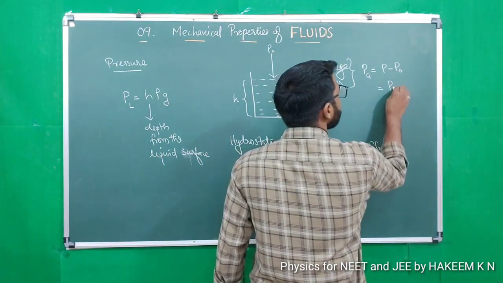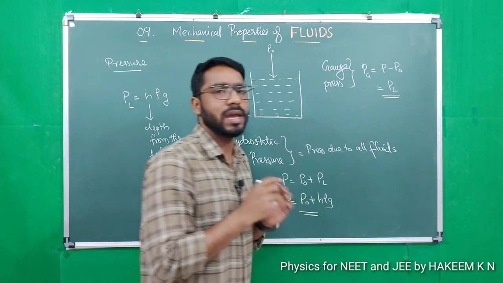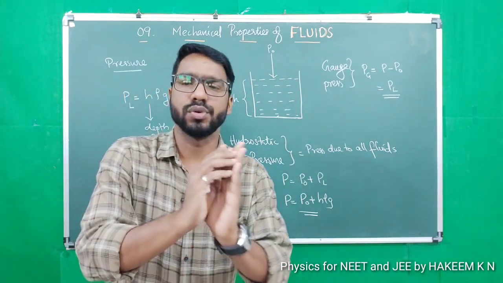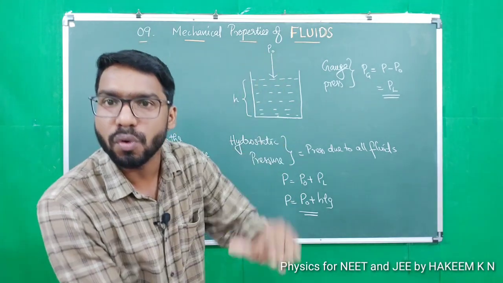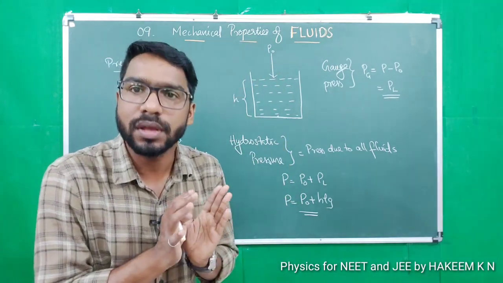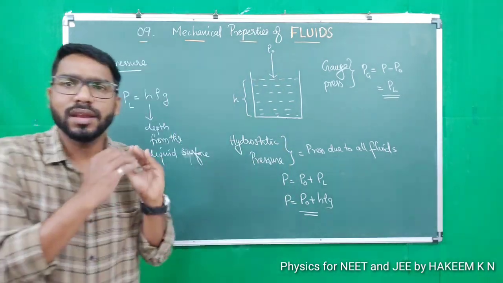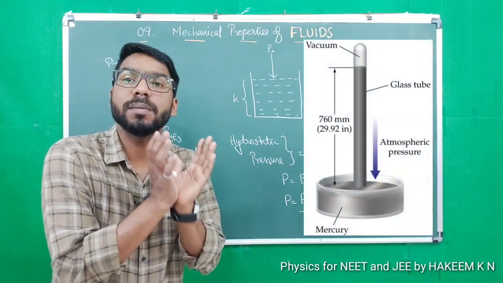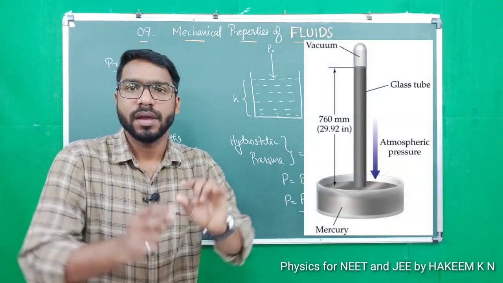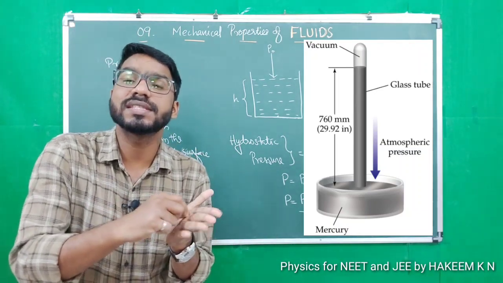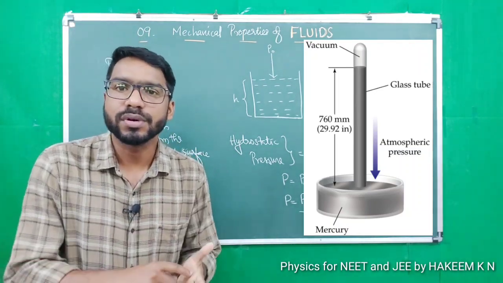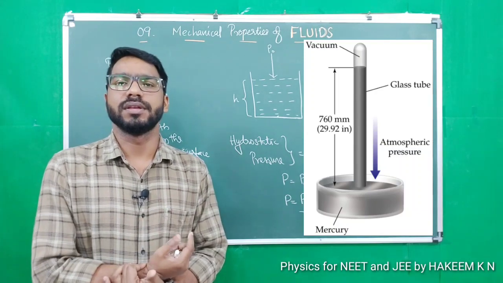So gauge pressure is the pressure due to liquids only, and hydrostatic pressure is the pressure due to all fluids including the atmosphere. In a mercury barometer, the height of the mercury column is 76 centimeter or 760 millimeter.